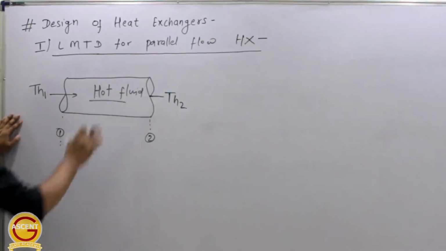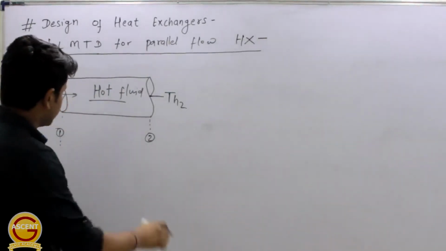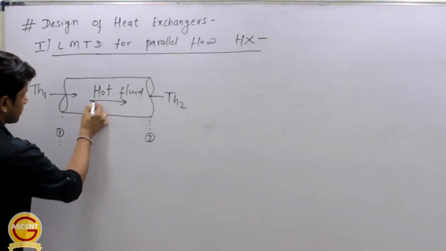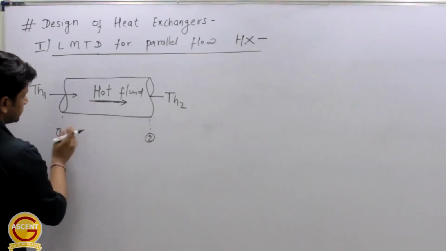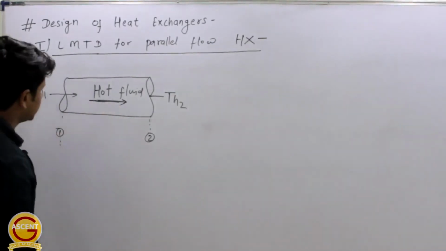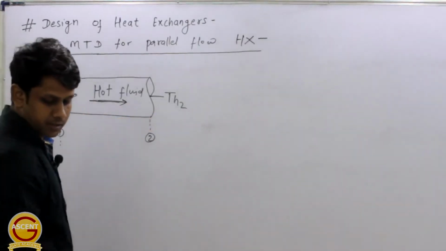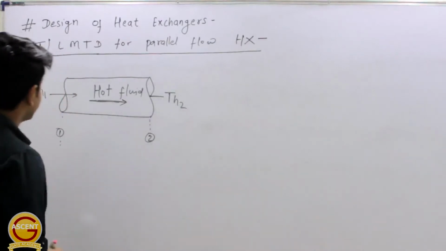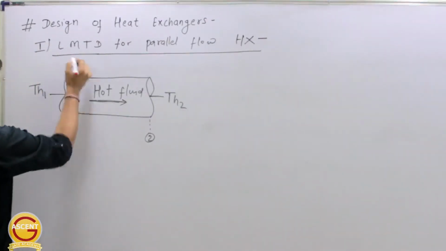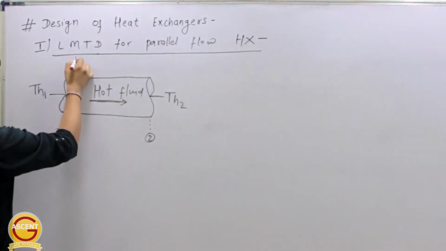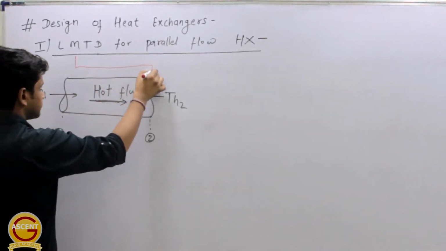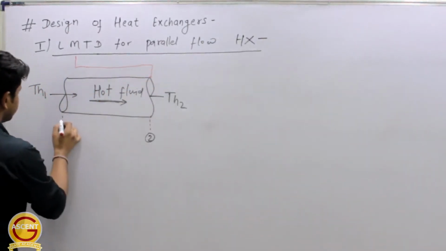So this hot fluid is flowing. The direction of flow is from 1 to 2, and this is the direction of flow. Now let's say for the cold fluid, there is one more pipe surrounding this hot fluid pipe, let's say like this.